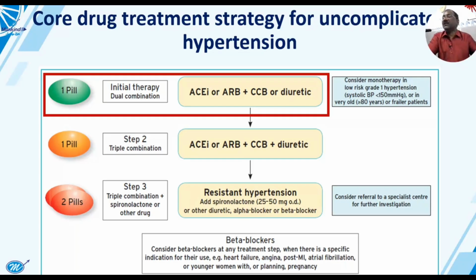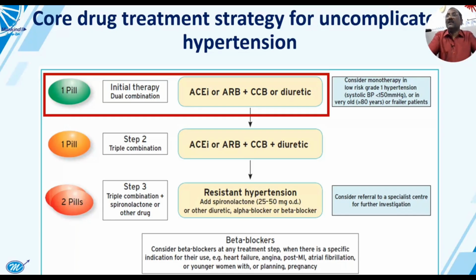See the beta blockers. Usually we don't give the beta blocker as an initial drug of choice in uncomplicated hypertension. Once the hypertension is complicated with ischemic events, like see the beta blockers with heart failure. Do you use beta blockers or not? Yes or no? Yes.